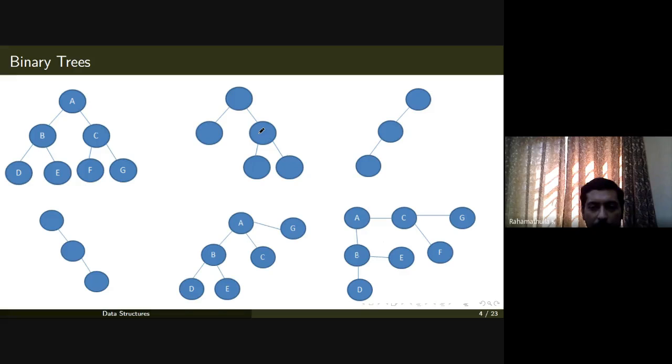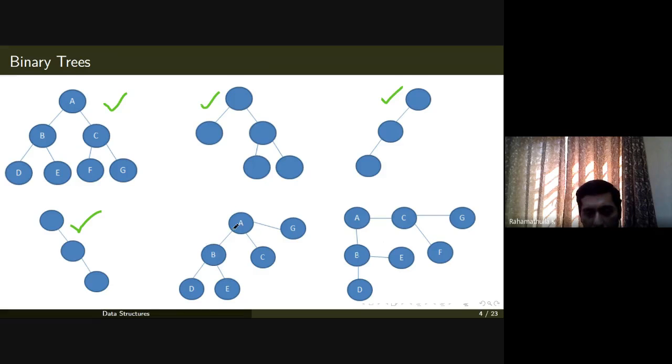For this node you have a degree equal to 2. So this is a binary tree, and this is also a binary tree. In this case you have degree equal to 1, degree equal to 1, degree equal to 0. So this is also another binary tree. In this case you have degree equal to 1, degree equal to 1, degree equal to 0. So this is another possible binary tree.